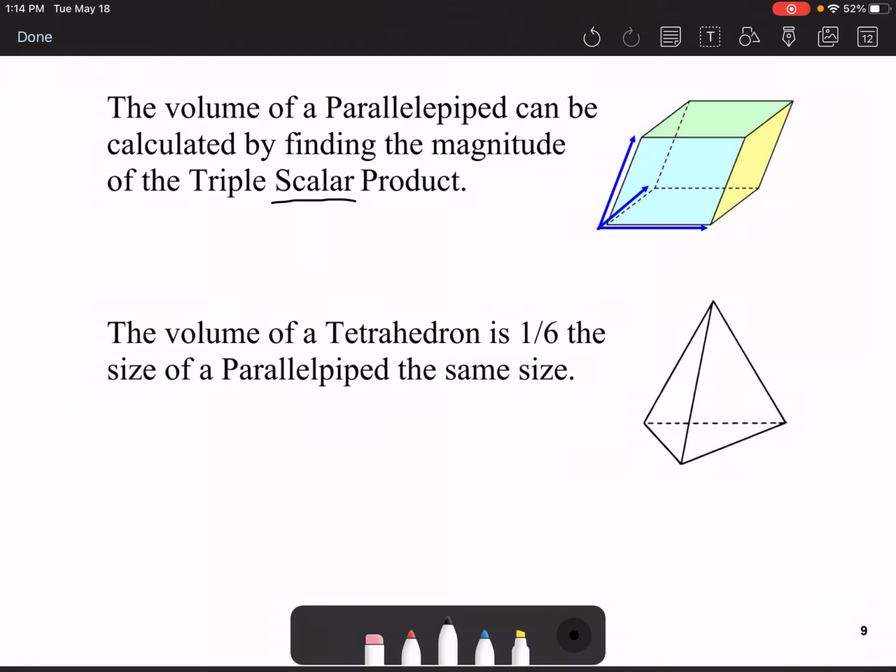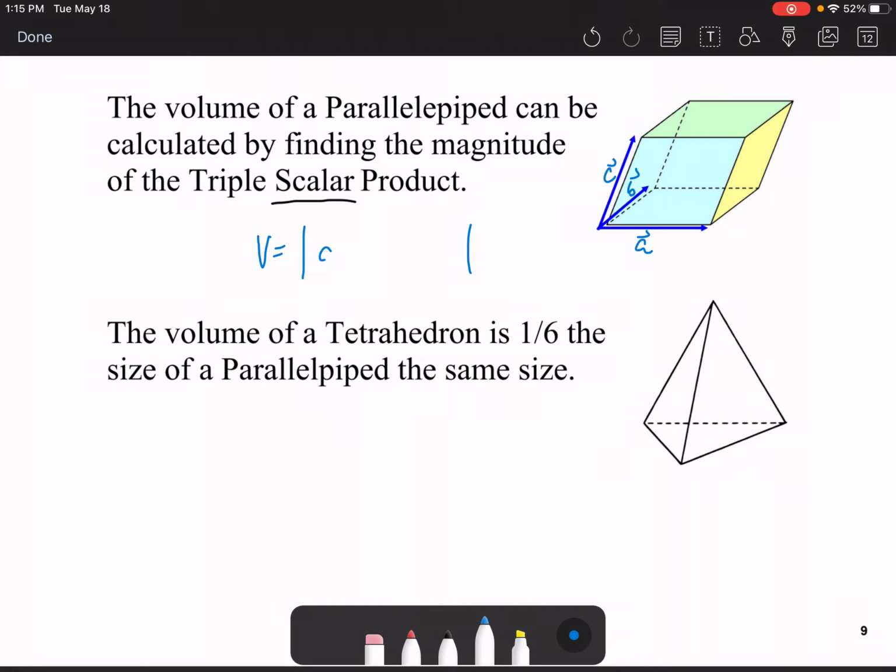So let's say this parallelepiped is defined by vectors A, B, and C, all coming out from one starting corner. So the magnitude of the triple scalar product, I put absolute value signs on this first.